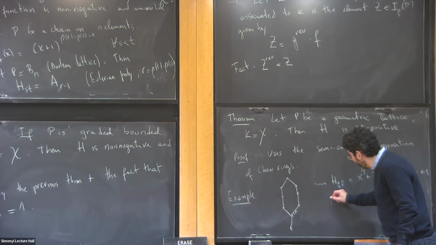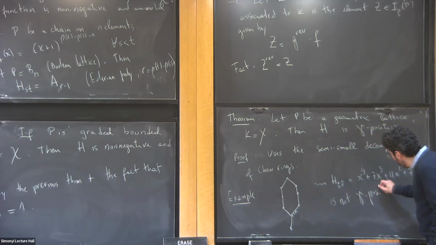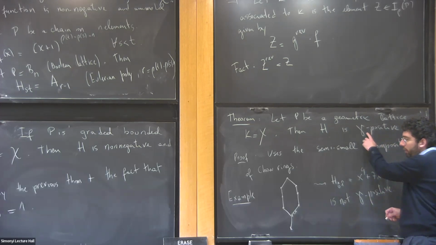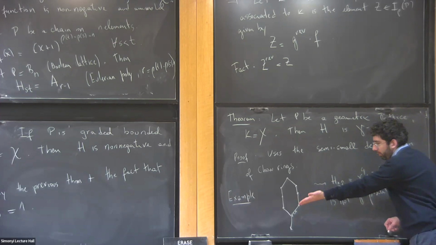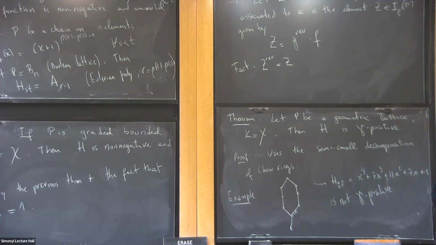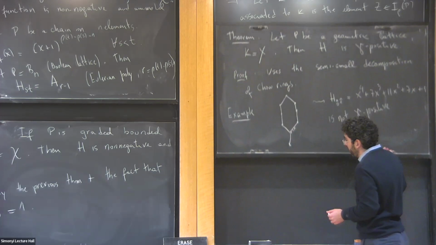And this is not gamma positive. So for geometric lattices, you have gamma positivity. For graded bounded, you don't have gamma positivity. But there's a class in the middle called Cohen-Macaulay posets.